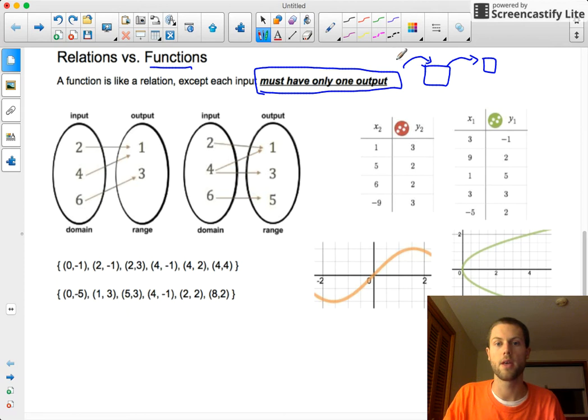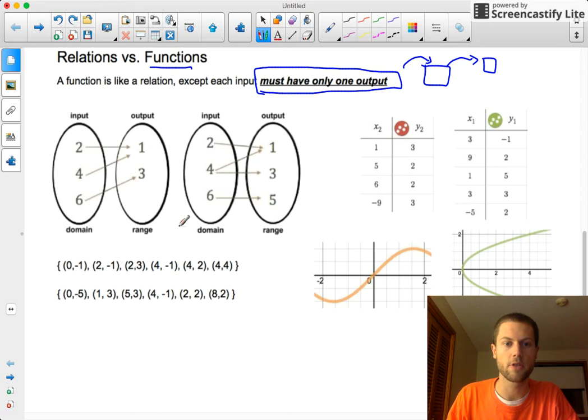So if you put something into a machine, it should always produce just one thing. If you had a really strange machine that was unpredictable, maybe it would produce two different things, but our function machine only produces one output. So we're going to see what that means.